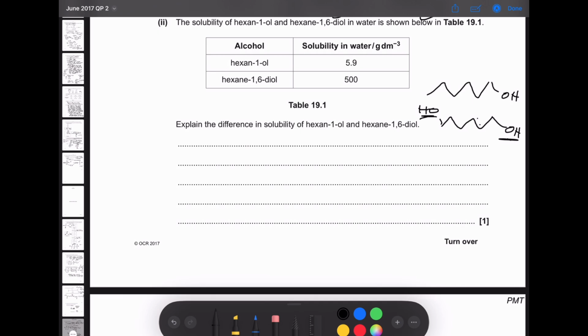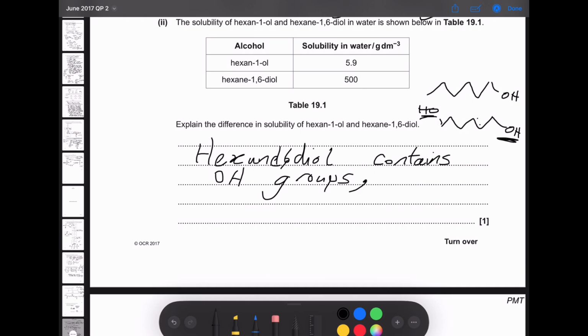Well, 2 OH groups here. So hexane-1,6-diol contains 2 OH groups. And what have we just said? Well, more OH groups means more hydrogen bonds.